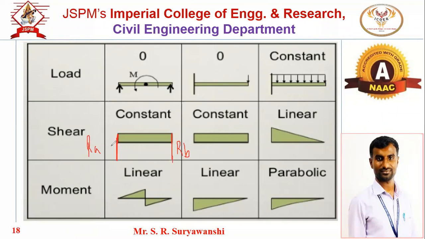The nature of reaction, RA and RB. Option A, in the same direction. Option B, in opposite direction. Option C, none of the above. Can't say. In the same direction, option A. Okay. Anyone else?